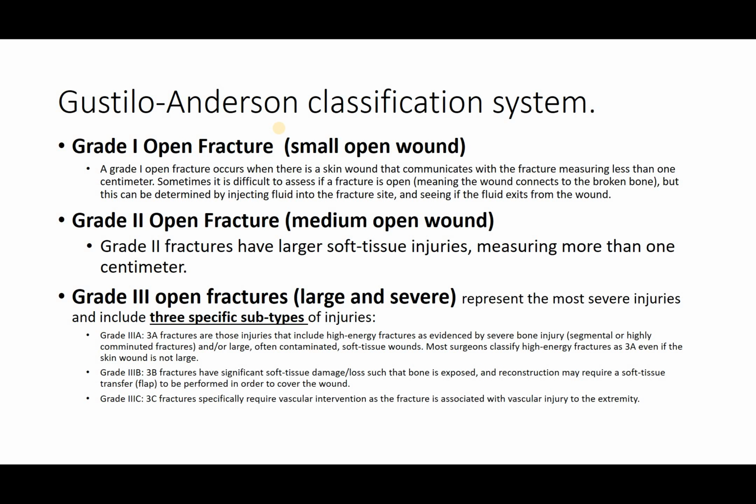But even in the world of open fractures, you have your mild, and your moderate, and your severe. So that's basically your grade 1, 2, and 3. Grade 1, small open wound. Grade 2, medium open wound, and then grade 3, large and severe open wounds.